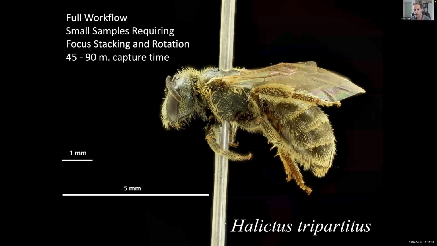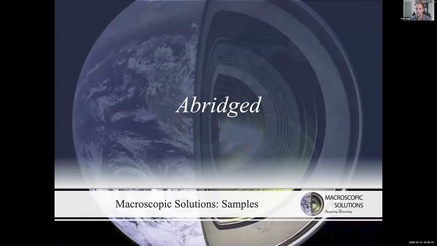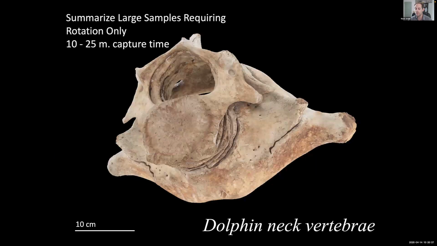So I'm going to give you a full workflow which combines the methods in focus stacking as well as 3D rotation in order to build this model. And if there's time at the end, I'm also going to present 3 shorter versions of a few different specimens that we can also 3D model. One is actually a dolphin neck vertebra. This was a specimen provided by my wife, who is a PhD in biology at University of St. Joseph in West Hartford.